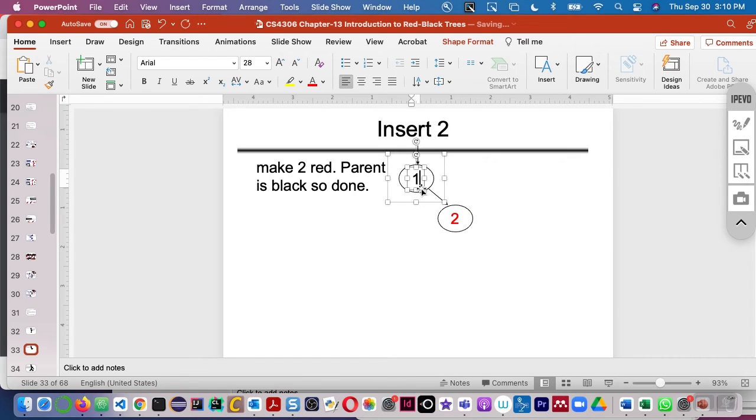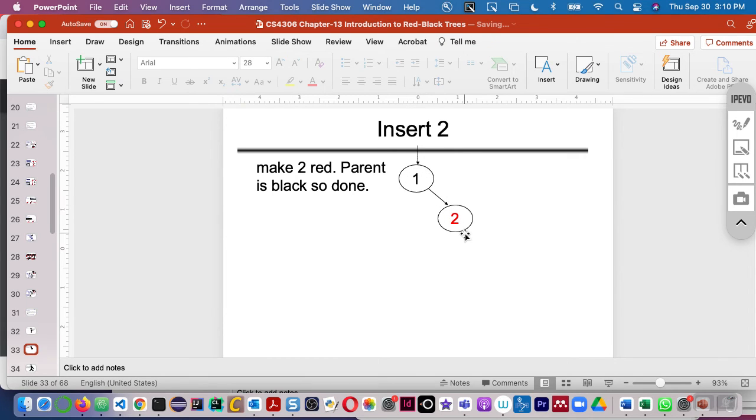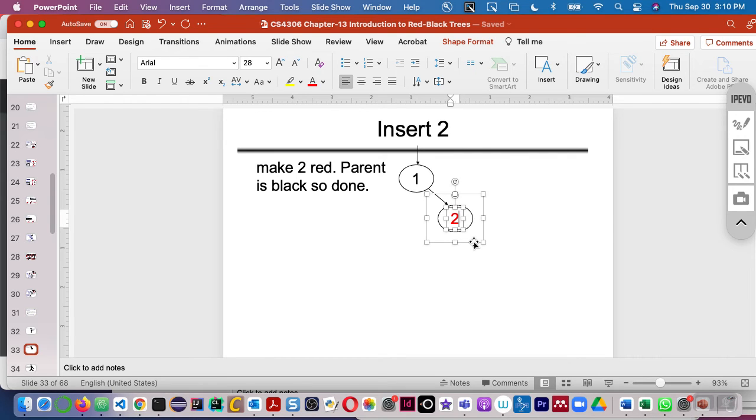So 1 is black and is the root, and the 2 we encounter will be on the right side of 1. You understand why it goes right? Because it's a BST and initially its color is red.